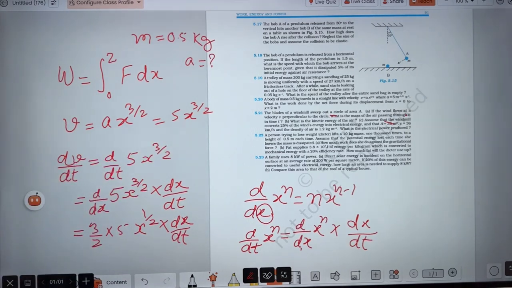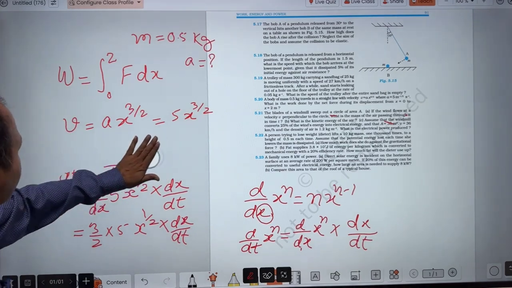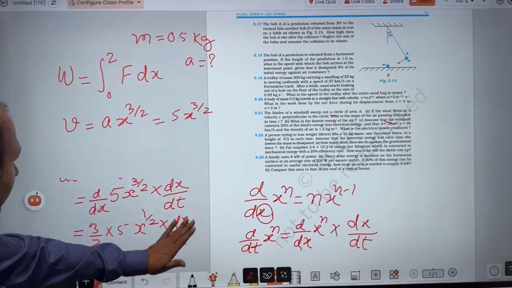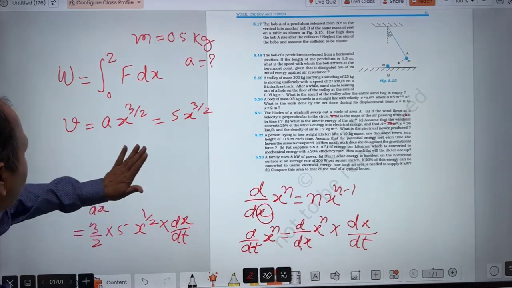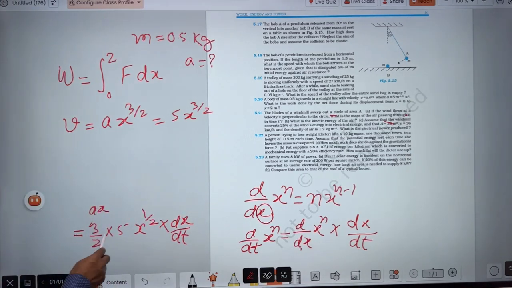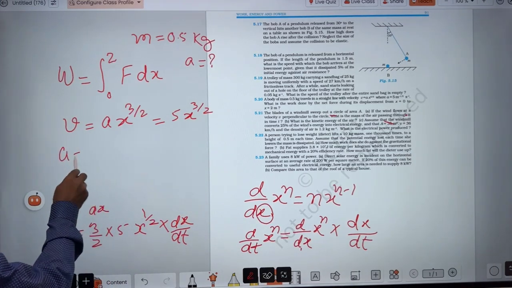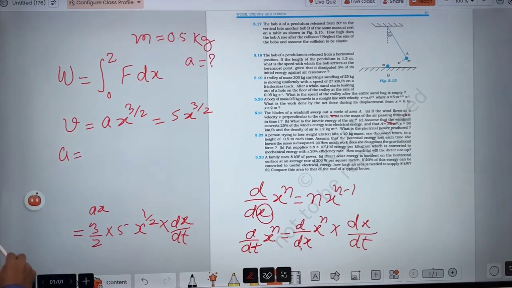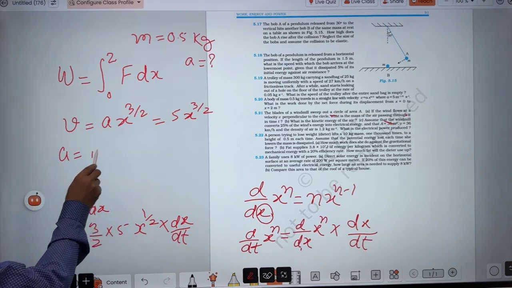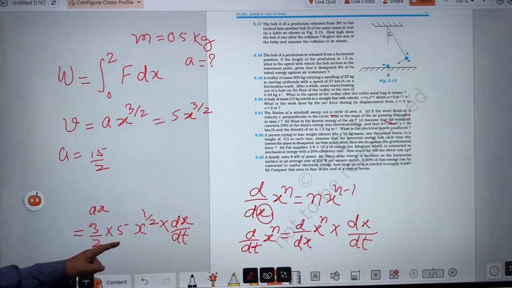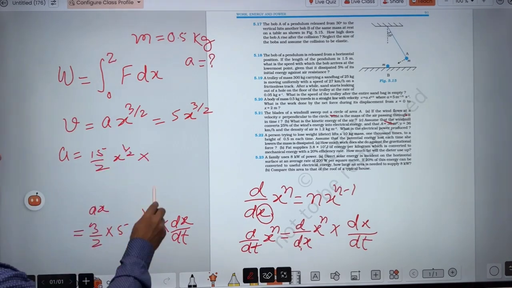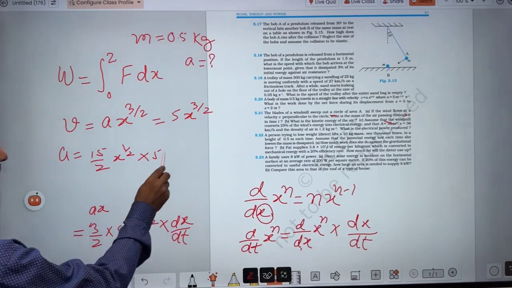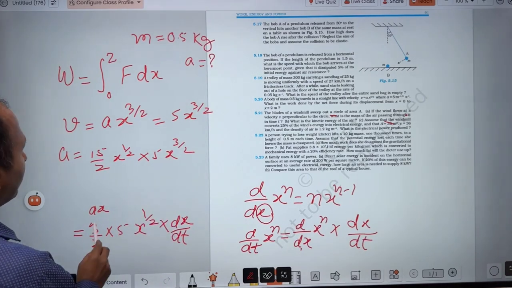So further we can put this value. We will get acceleration as 15 by 2 times x power half times velocity, which is 5x power 3 by 2.